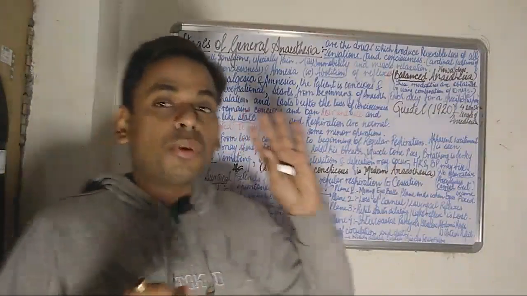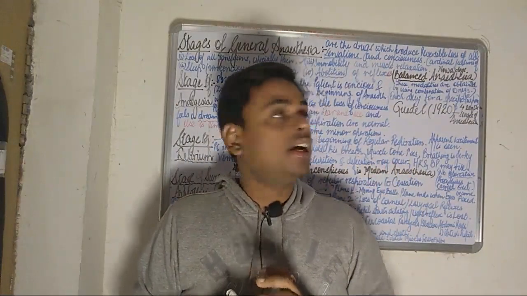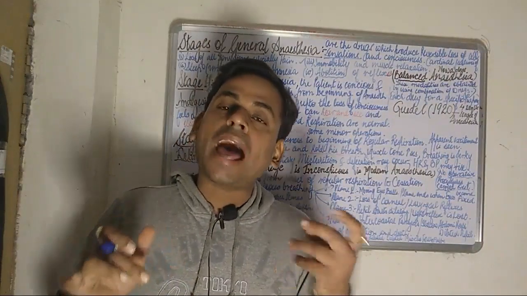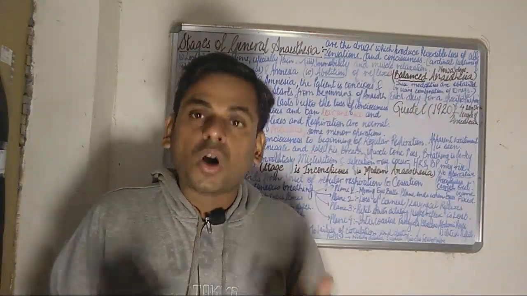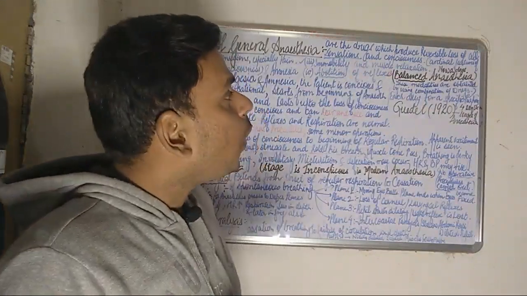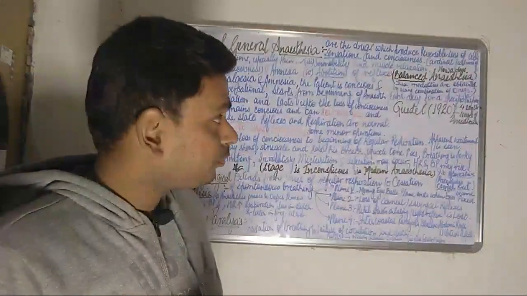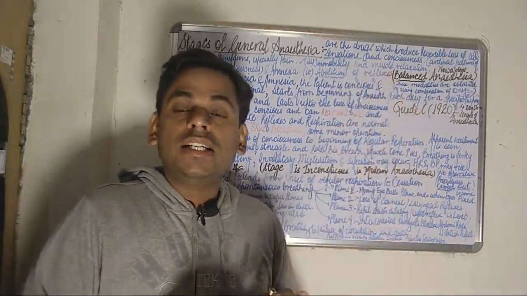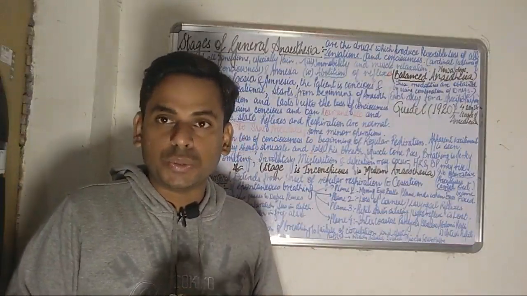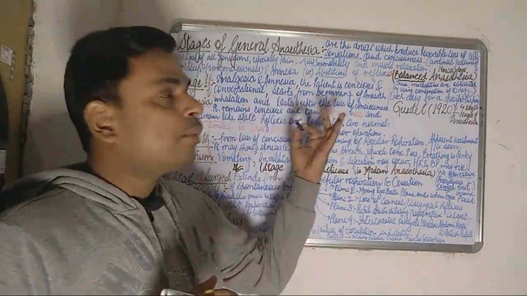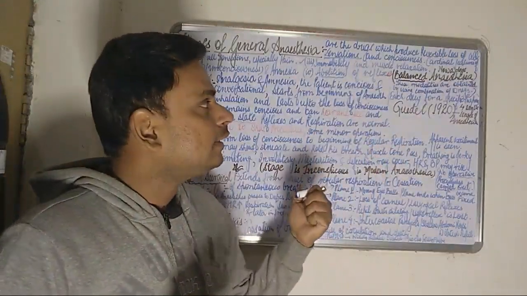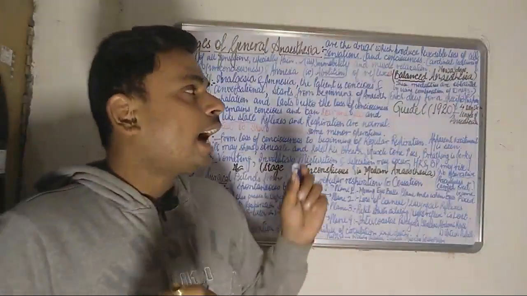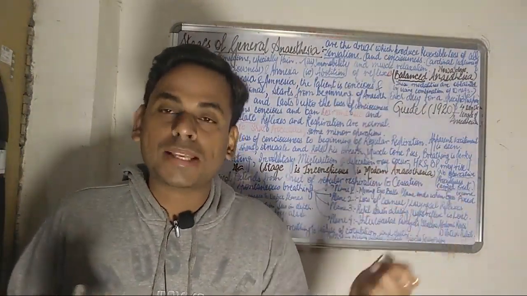So students, these were the four cardinal signs of general anesthesia. And nowadays the term balanced anesthesia is more commonly used, because all these four cardinal signs are obtained by using a combination of drugs, and each drug is used for a specific purpose.